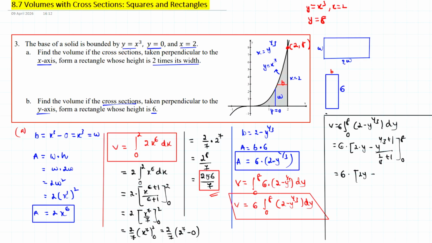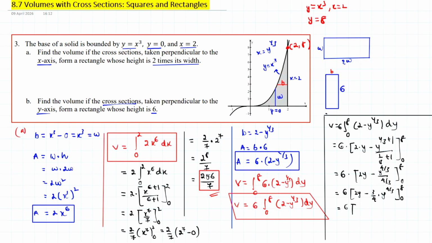So 1/3 plus 1 is 4/3, so that is y to the power 4/3 over 4/3, from 0 to y. We can rewrite this as 6 times 2y minus, multiplying by the inverted fraction, 3/4 y to the power 4/3, with limits 0 to 8.